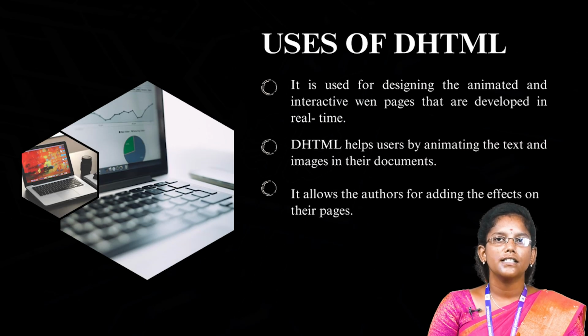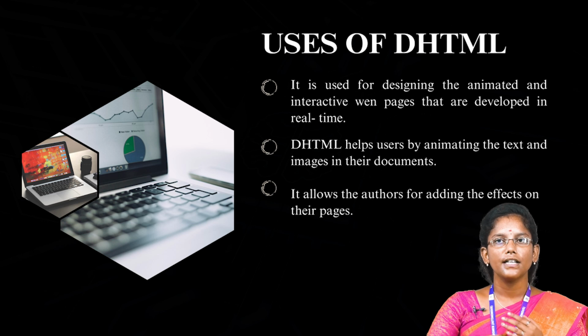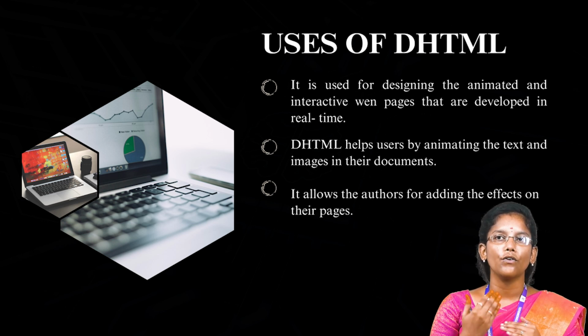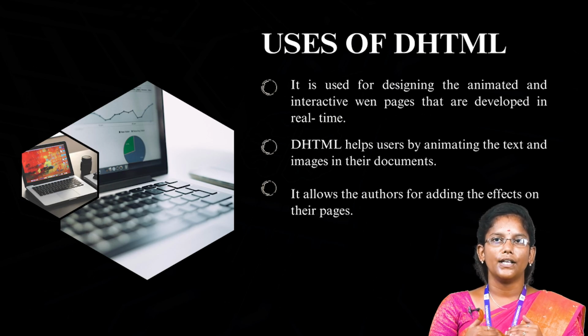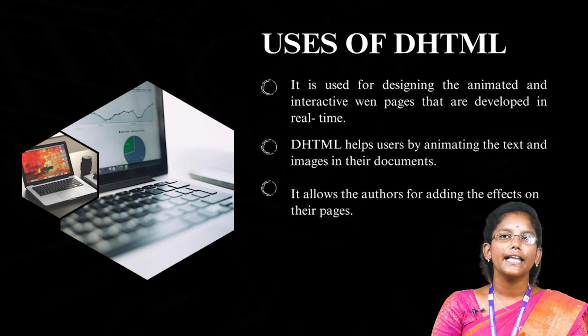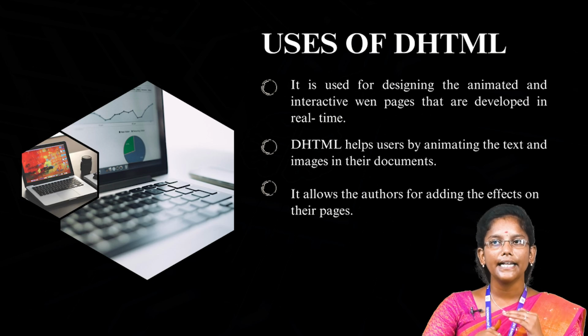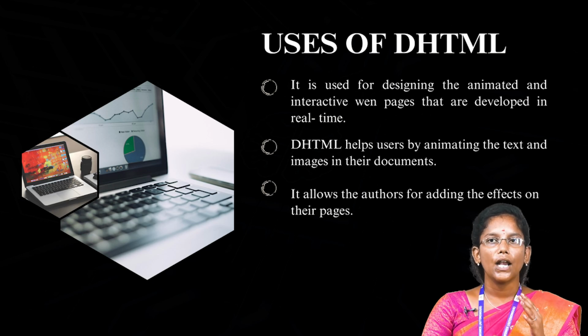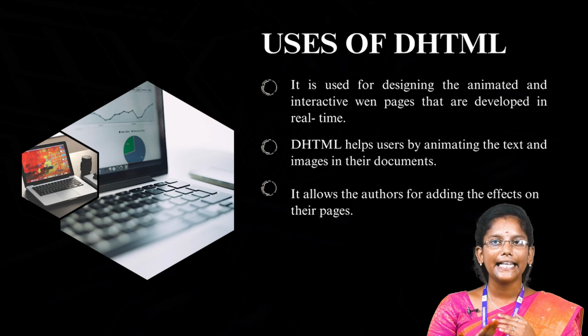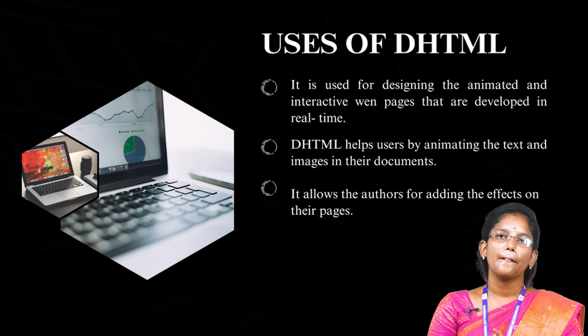What are the uses of DHTML? First one, it is used for designing animated and interactive web pages that are developed in real time. Second one, DHTML helps users by animating the text and images in documents. Third one, it allows authors to add effects on the pages.